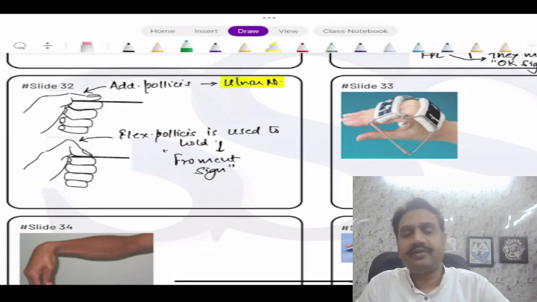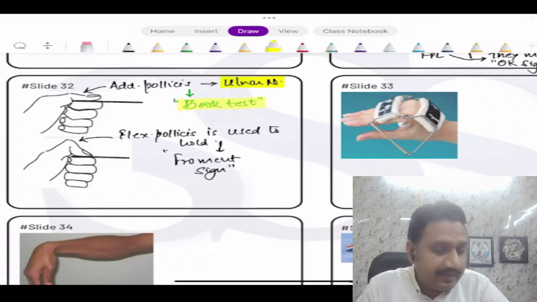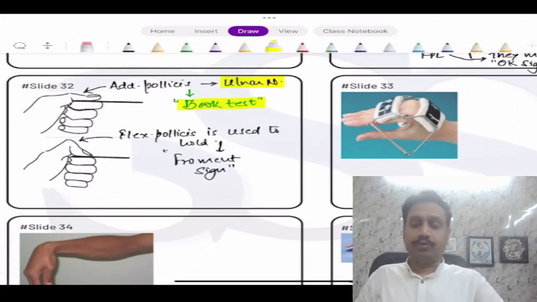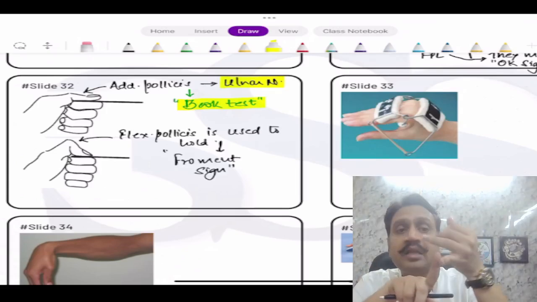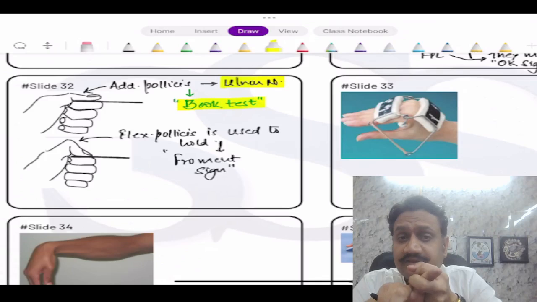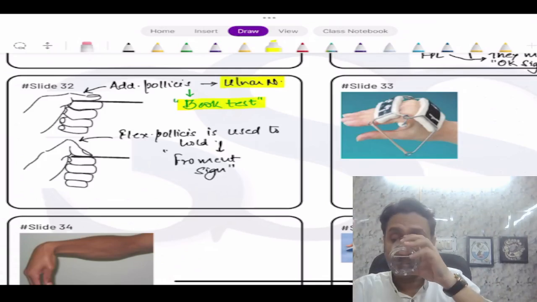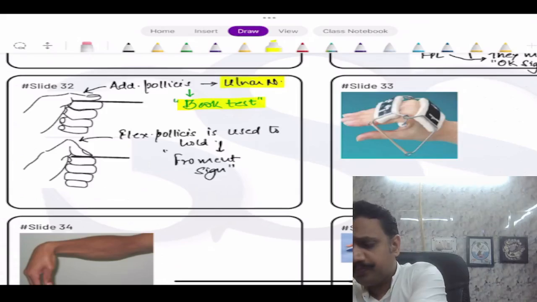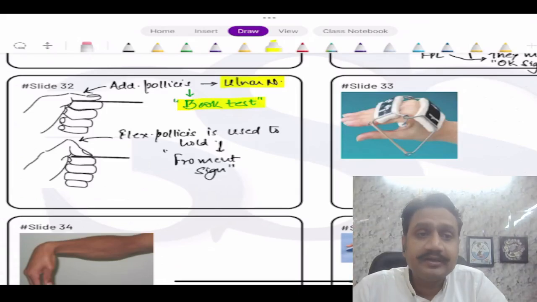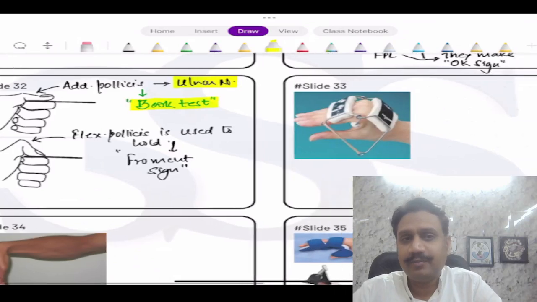And holding something between the thumb and the fingers is called the book test, right? So for the ulnar nerve, the most important test is the adductor pollicis, where you ask the patient to hold the object between the thumb and the fingers. Please do remember, very important images.